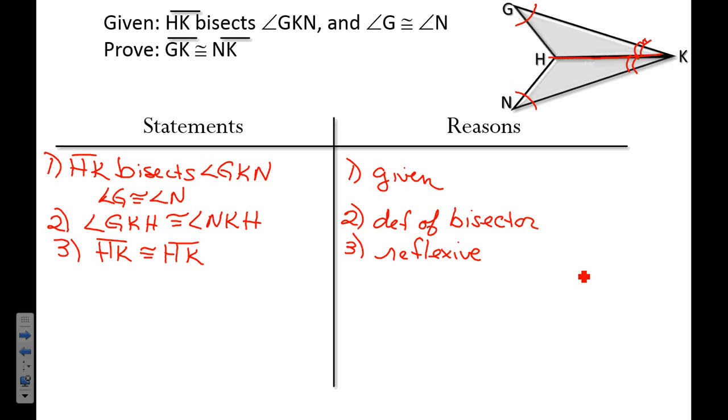So John, name the first triangle for me, the top one. Any order you want. KGH. Nolan, if John called it KGH, how do you have to name the next one? Started with K. He said KGH, so you have to say KNH.